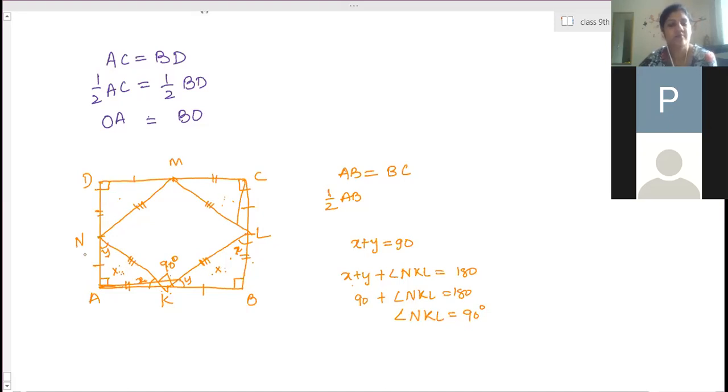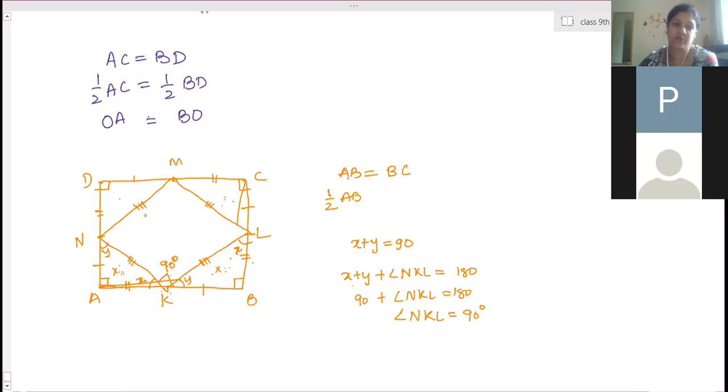But if we prove triangle LCM and NDM are both congruent, and we don't know if this and this are equal also. If we don't prove that, LCM and KBL, so this is equal to this, and this is equal to this. So indirectly this is equal to this. Ma'am, only 3 congruencies are needed.